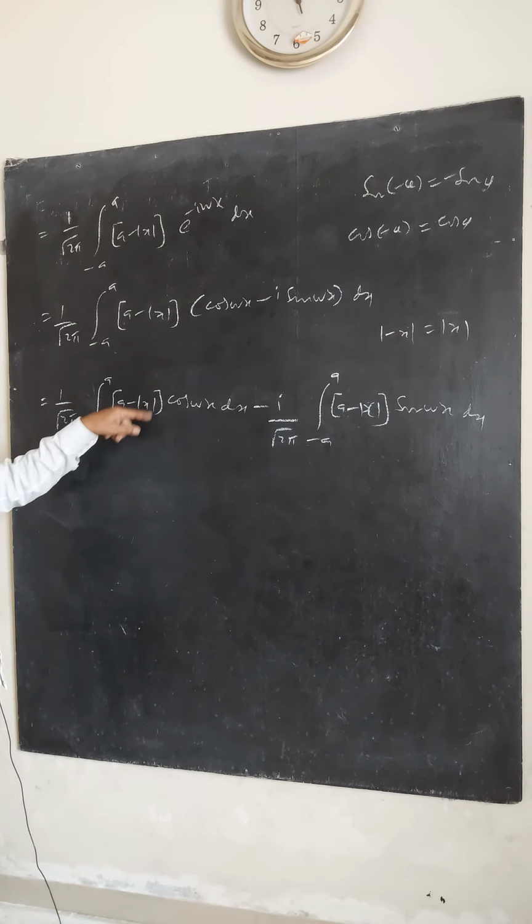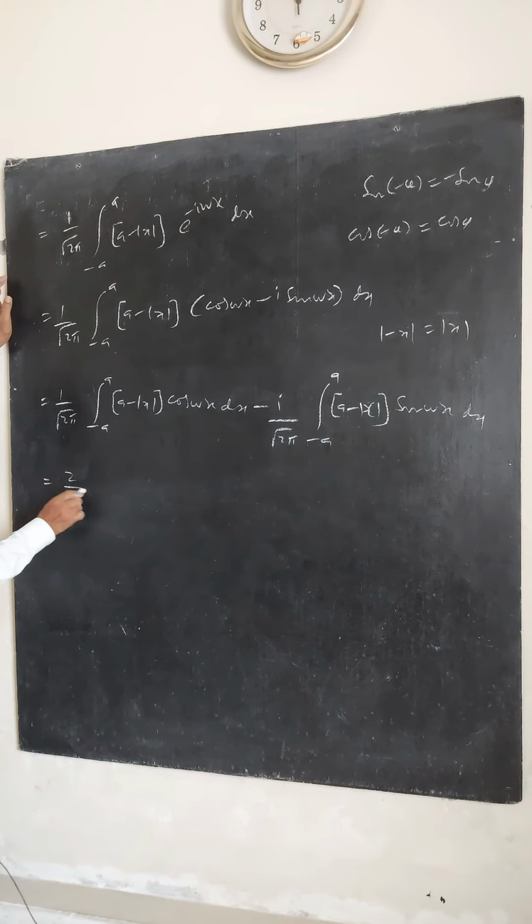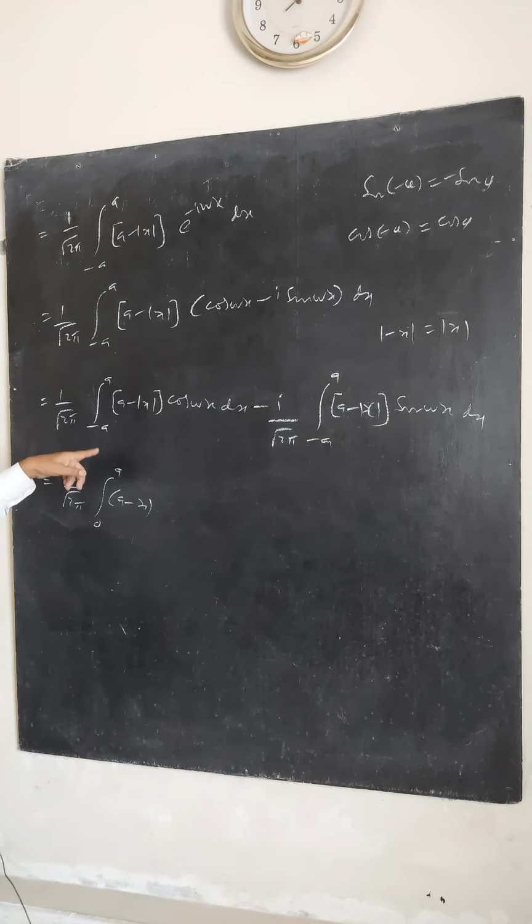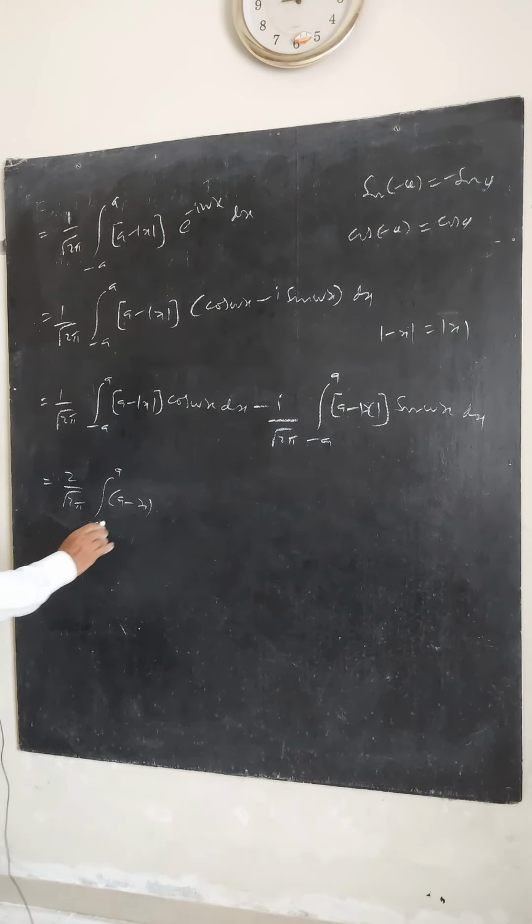Therefore, it is twice 1/√(2π) ∫ from 0 to a of (a − |x|) cos ωx dx. Whenever we have an even function, it is twice the integral from 0 to a, and the modulus is changed into simple x.